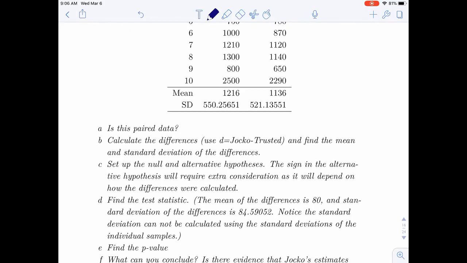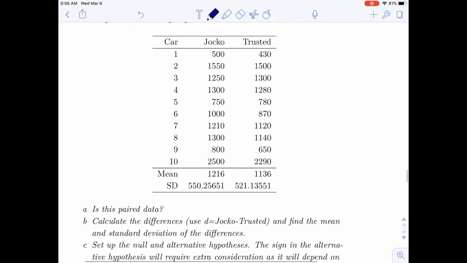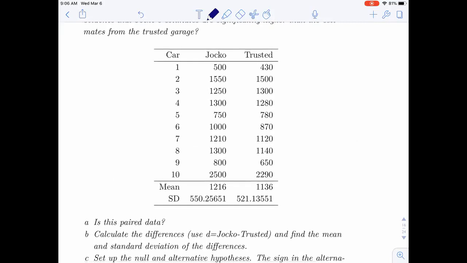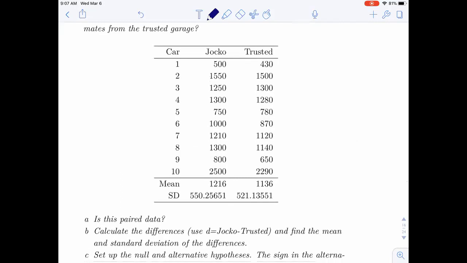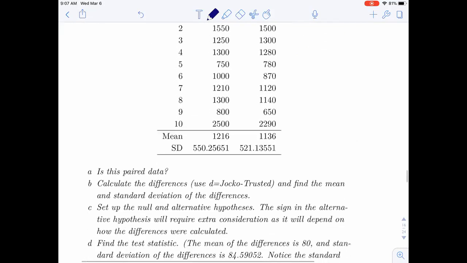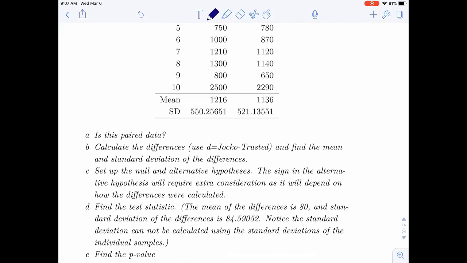And notice that below here, I've got the mean and the standard deviation of Jocko's estimates and the trusted estimates. But what we're going to do is find a column of the differences. First, I'll answer if this is paired data.